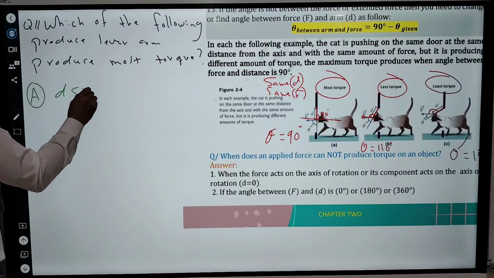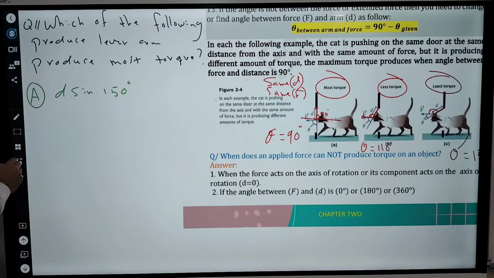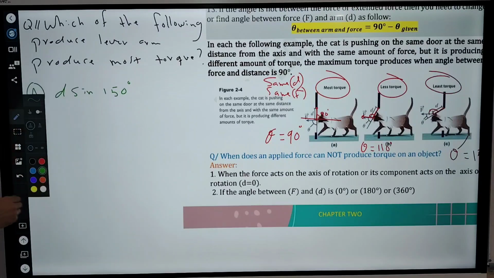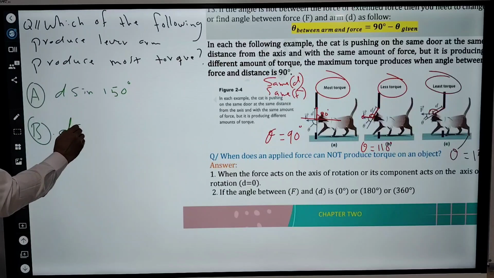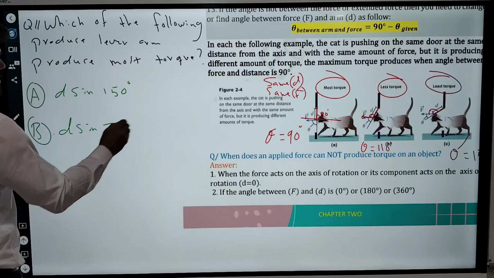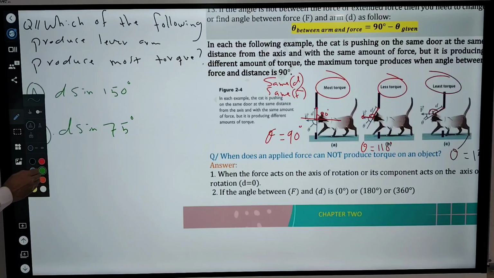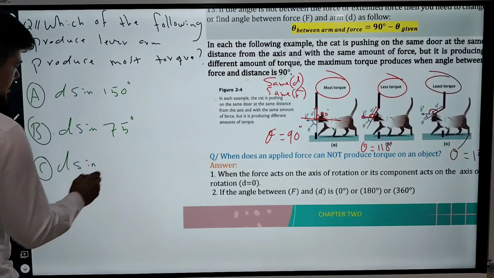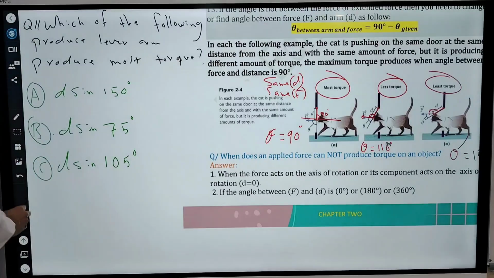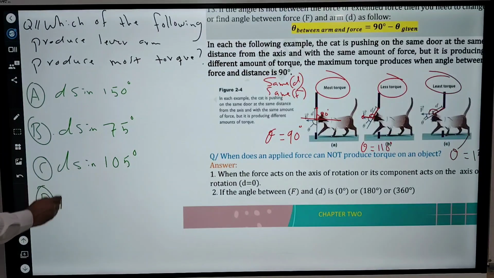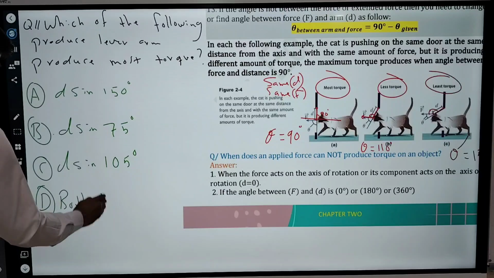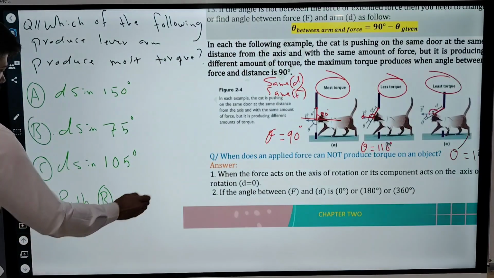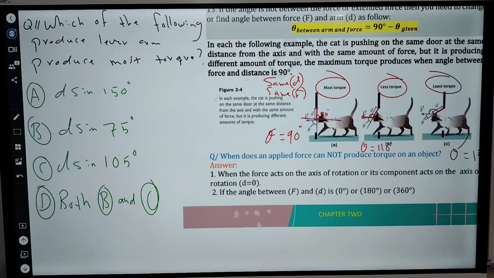A, D sine 150. B, D sine 75. C, D sine 105. D, both B and C. Which of the following is correct?